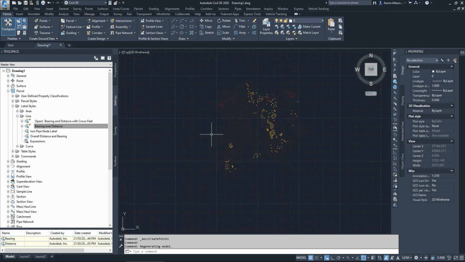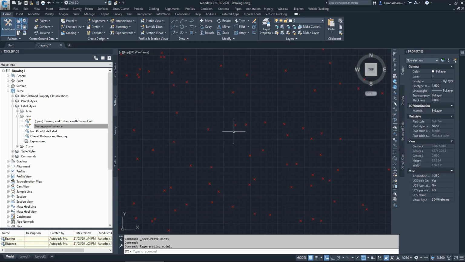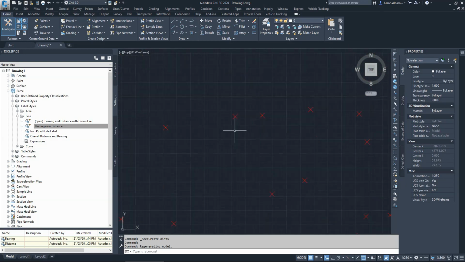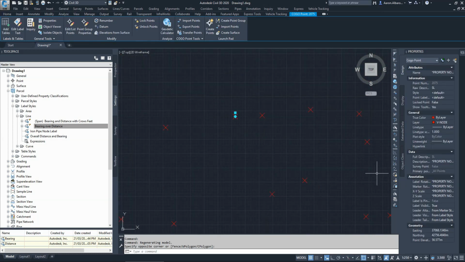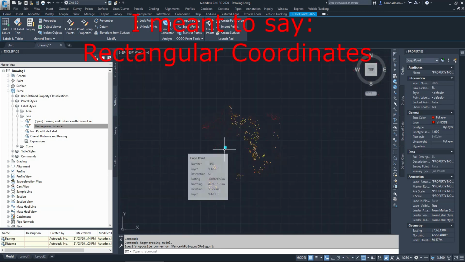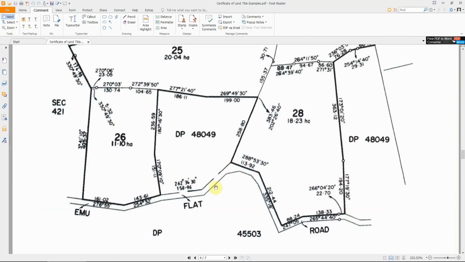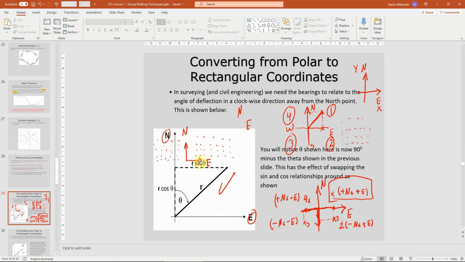So you understand now how the software usually deals with these points. To the software, all these points are simply coordinates. If I select this point, for example, it has an easting, northing and height, elevation, all in meters. That is related to polar coordinates.